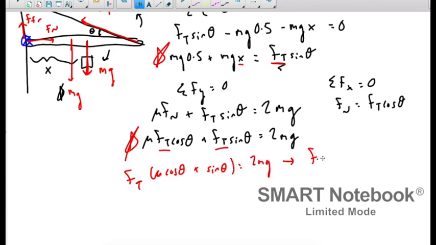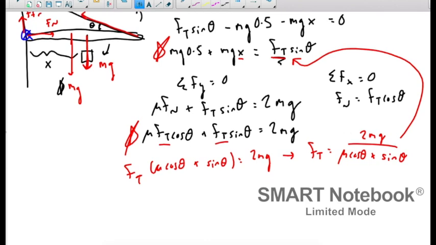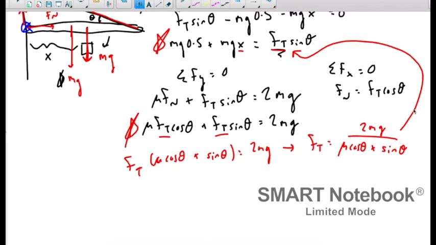Therefore, the force of tension equals 2 mg over mu cosine theta plus sine theta. Now I have an expression for the tension force, which I can plug in right there, and I'll be good to go to solve for that x value.